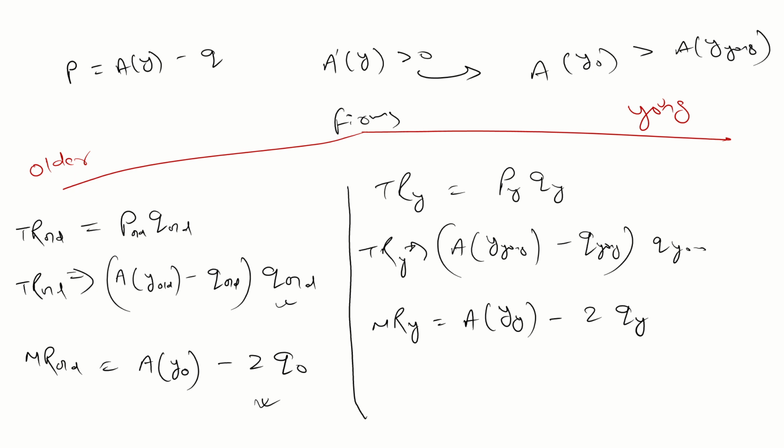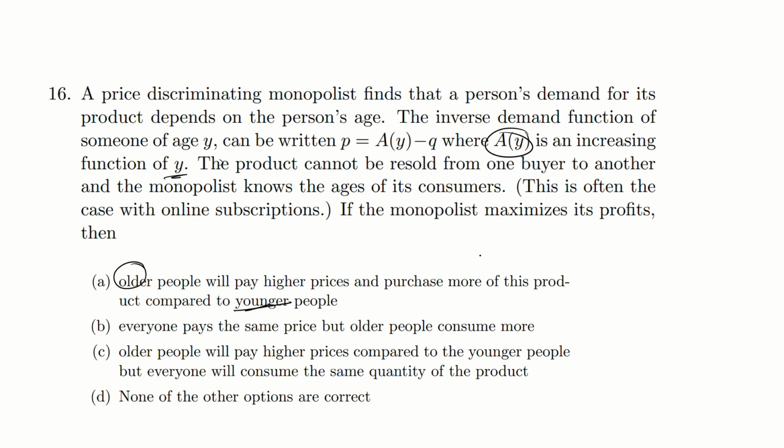But at the equilibrium point, guys, just read the line carefully. If the monopolist maximizes its profit, then what should be the option?